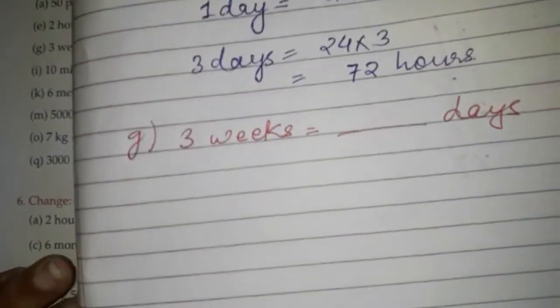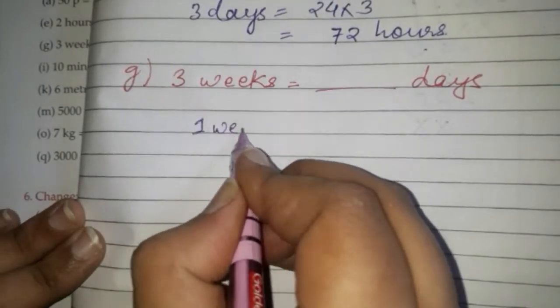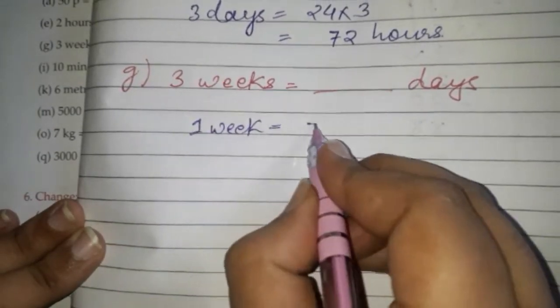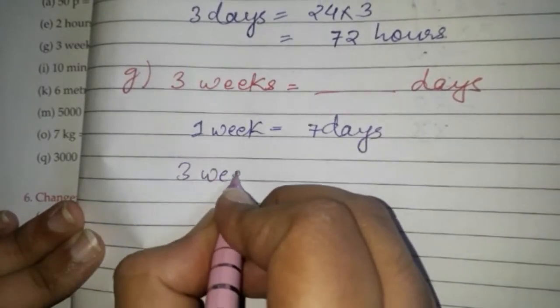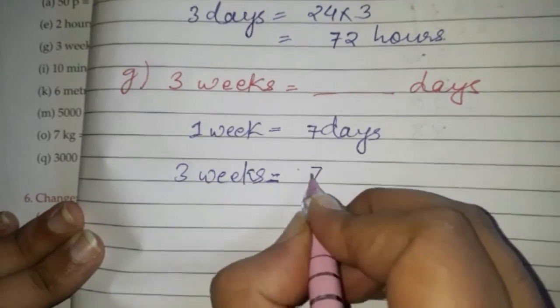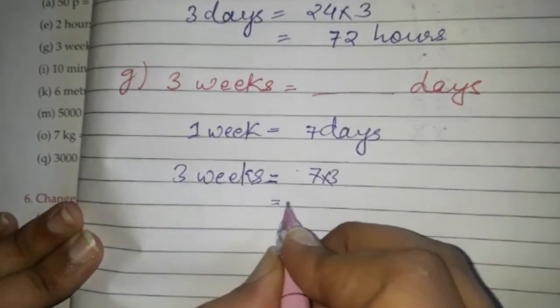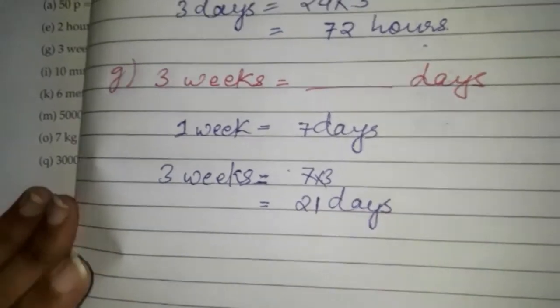We all know 1 week equals 7 days. So 3 weeks will be 7 into 3. That means 21 days.